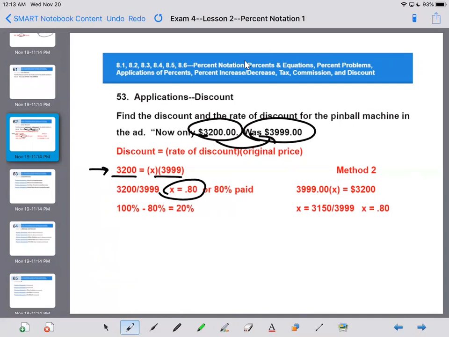Okay, so you can think about that again. The 3,200 divided by 3,999, you get this amount here when you do this division.